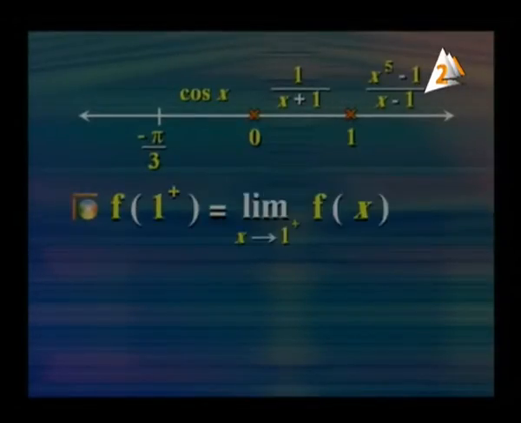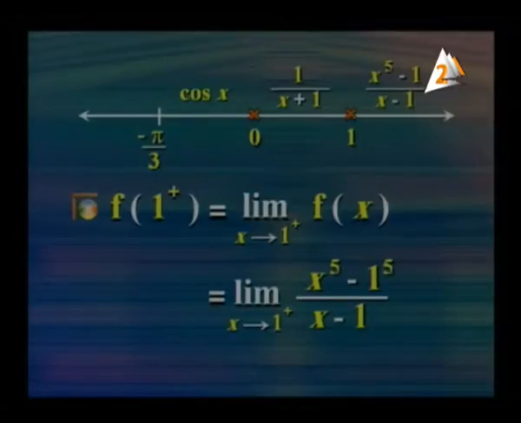When x is more than 1, f of x equals the fraction function (x^5 minus 1) over (x minus 1). f of 1 positive, substitution about x equals 1, and limit f of x when x tends to 1 positive equals (x^5 minus 1^5) over (x minus 1) equals 5.